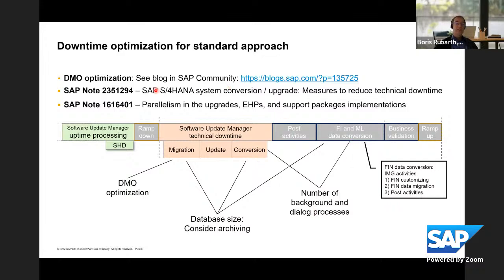There are some SAP notes listing additional hints on tuning the standard conversion approach with the Software Update Manager. But if you experience that this tuning does not reach a downtime that is accepted by your business, by your project leads, then you may consider that there are additional approaches offered by the Software Update Manager to reduce the downtime.